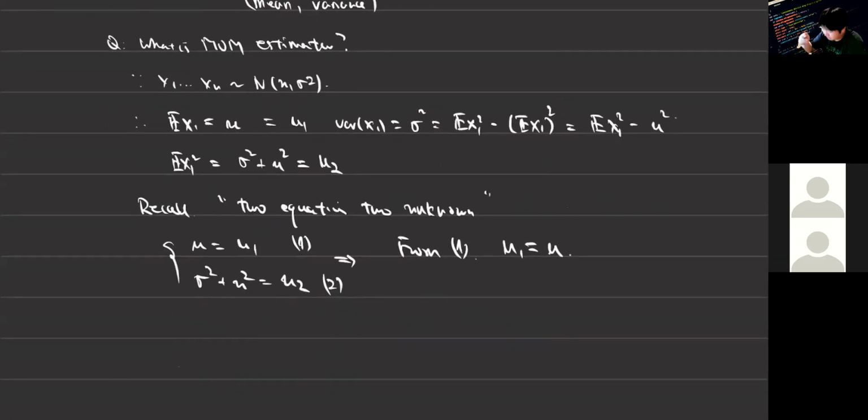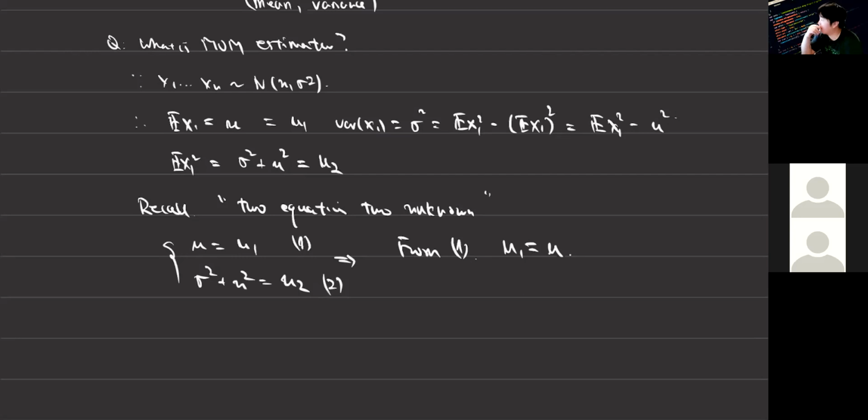Then from one, you can plug in mu into the next term. So your sigma squared plus mu squared equals mu2. If you plug that in, you have mu2 equals sigma squared plus mu squared.